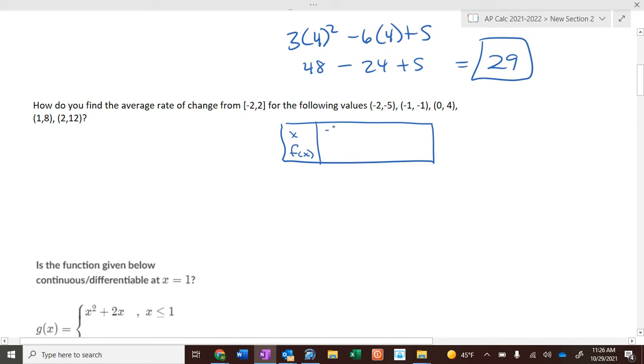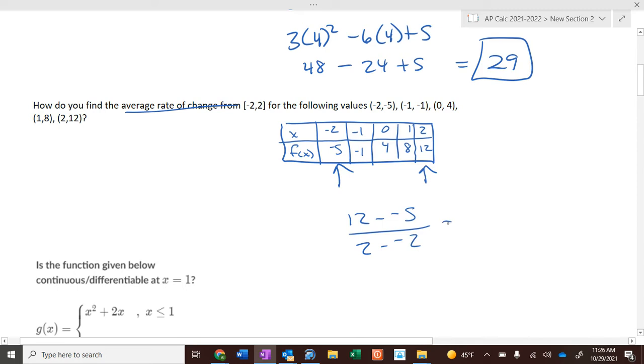So this would be -2, -5; -1, -1; 0, 4; 1, 8; 2, 12. And then which ones do you look at? Because it's average rate of change, -2 and 2. So it'd be 12 minus a -5 over 2 minus a -2, which would be 17 over 4. Boom, boom, boom. Average rate of change.